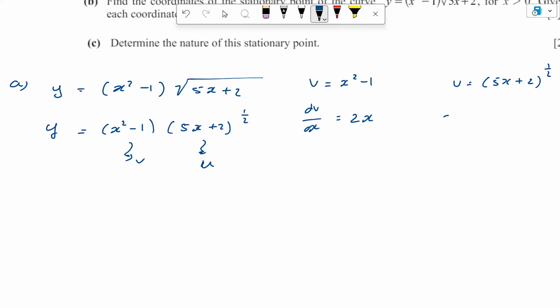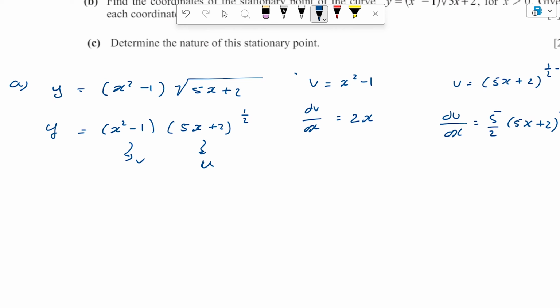And du over dx, that's going to be... Okay, I'm not going to solve it stepwise like I did above in the explanation. I'm going to solve it directly because it's just going to be the same concept. So that's going to be 5 over 2. Right, so du over dx is going to be 5x plus 2, and I'm going to subtract 1 from the half, which is going to be minus half.